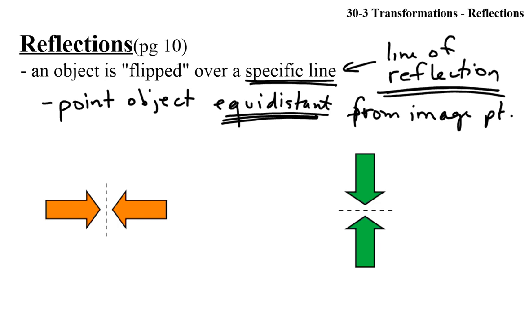So this first diagram here on the left with the orange arrows, the line of reflection in this case, we see it's a vertical line of reflection. And so that means if I were to pick this point, which I'm going to call A, well, what I would need to do in order to do a reflection is identify how far A is from my line of reflection.